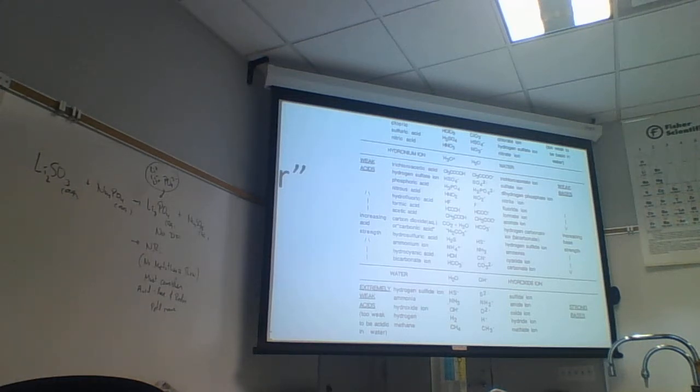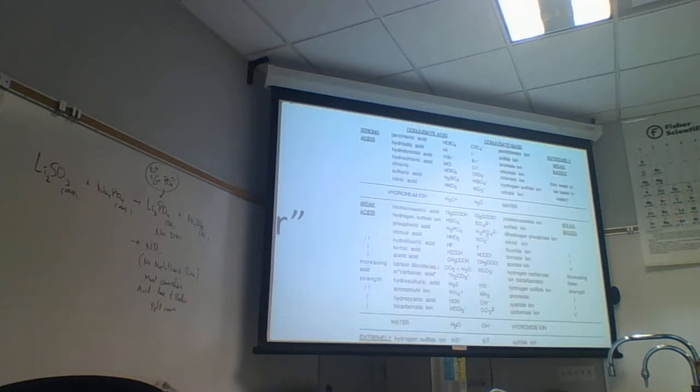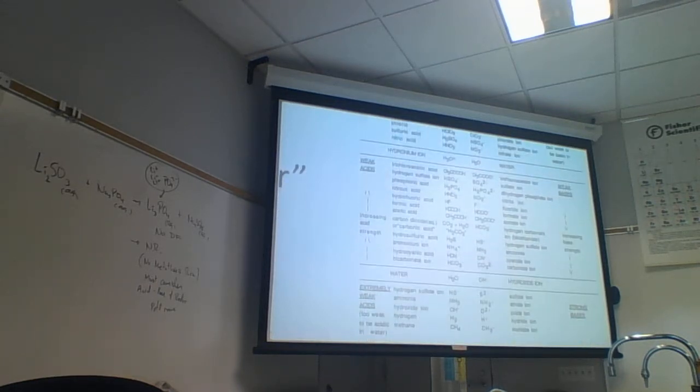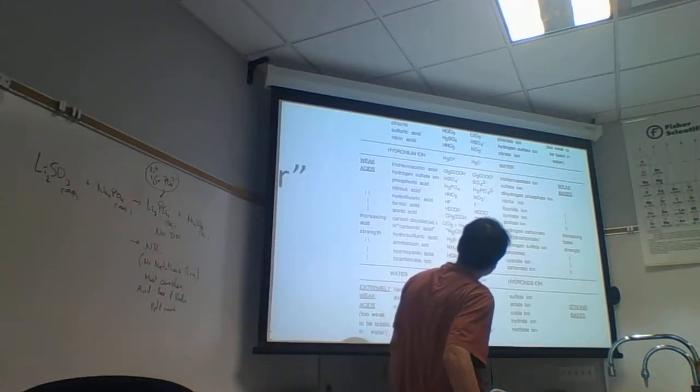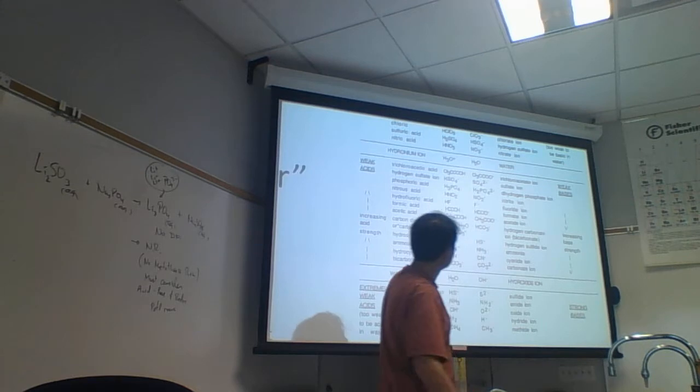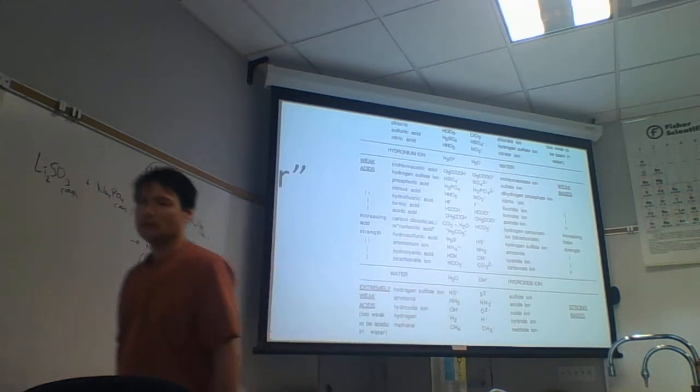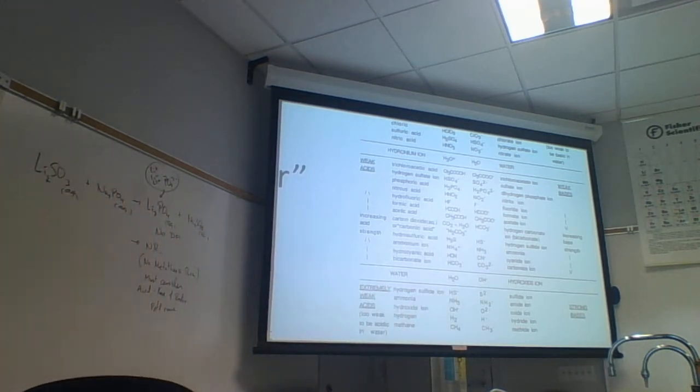How about phosphate? Well, phosphate occurs on this chart because phosphate's pretty common. So it should be here. Do you see it? You know what? I screwed up on my PowerPoint. Let's see if I screwed it up on Piazza.